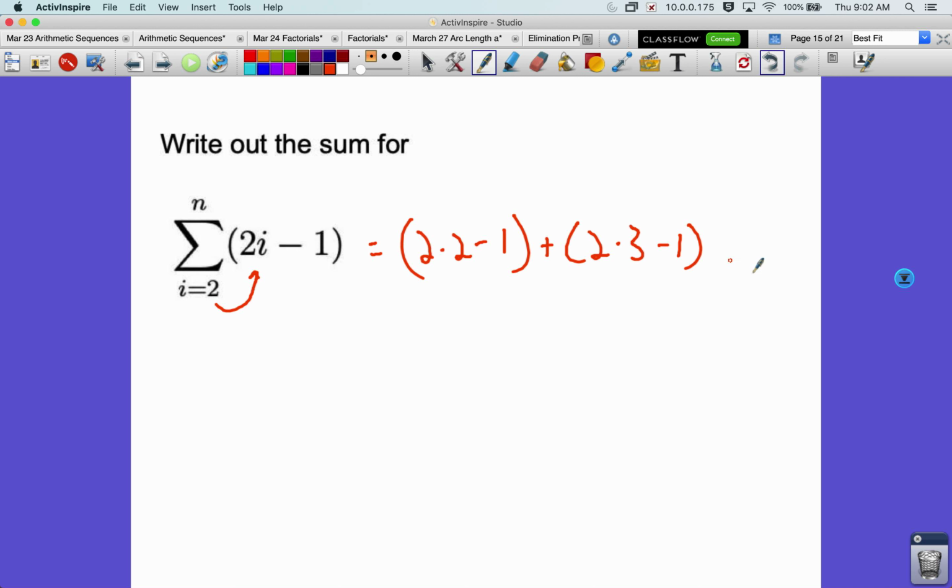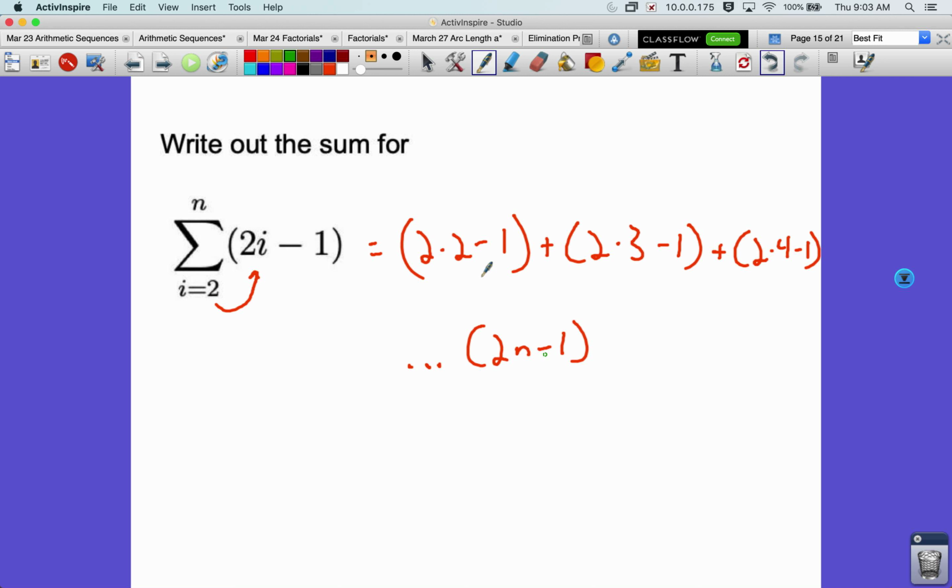But then what am I going to do? Because I could just keep going, plus 2 times 4 minus 1, but I'm never going to reach n. So eventually, I want to just say dot, dot, dot, 2 times n minus 1. So eventually the i just becomes an n, because we will reach the upper limit. We don't know what it is yet, but we're just going to keep doing this until we reach n.